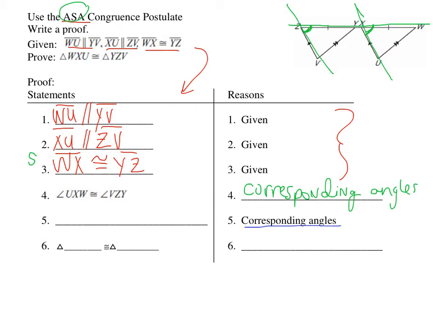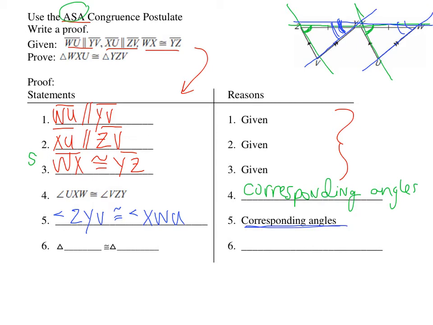All right, so next up, we have another reason of why it's corresponding angles. There's another set that's congruent because of the other set of parallel lines. So that would be angle ZYV, this first one right here, is congruent to angle XWU. And the reason, again, for those is the corresponding angles.